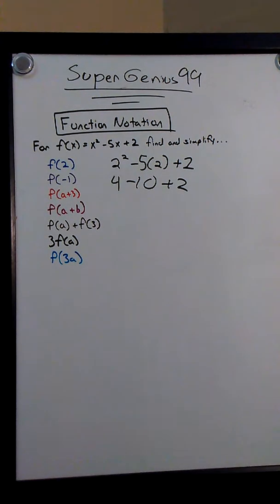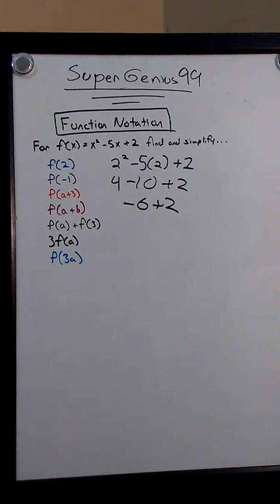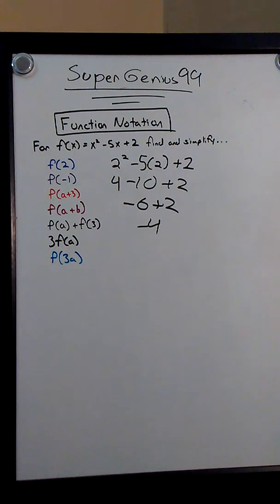Okay, and then next we are going to simplify. So what is 4 minus 10? And what is negative 6 plus 2? Negative 6 plus 2 is negative 4. Okay, so negative 4 is f of 2.